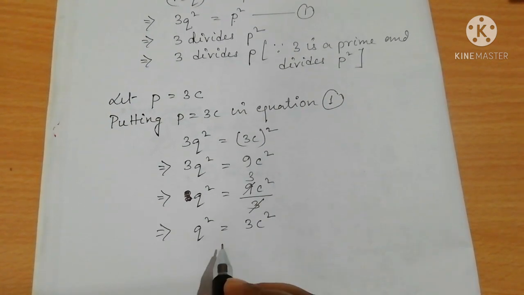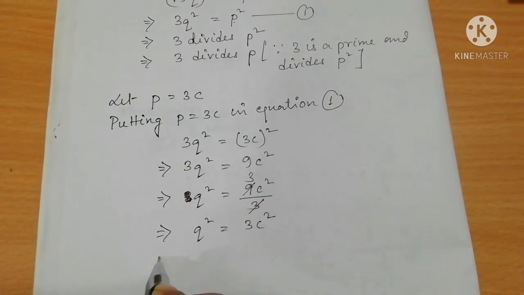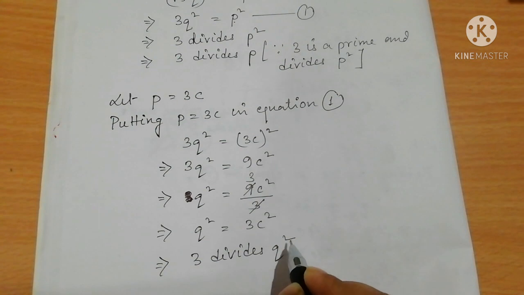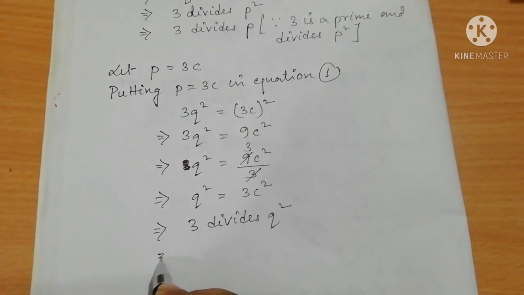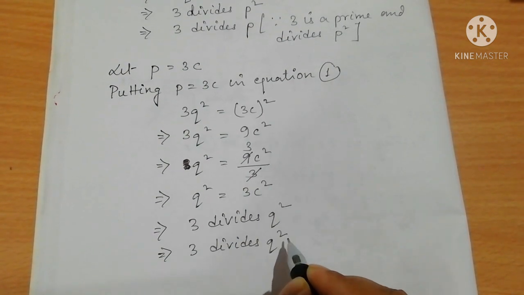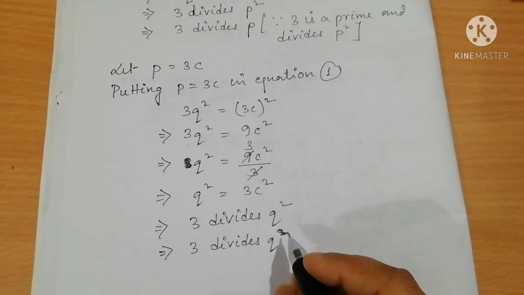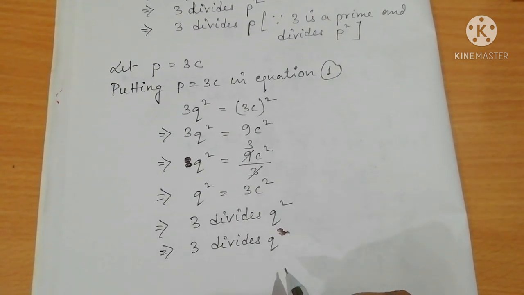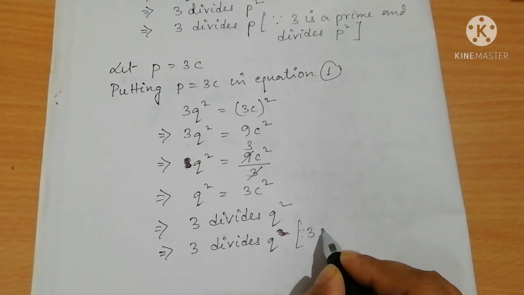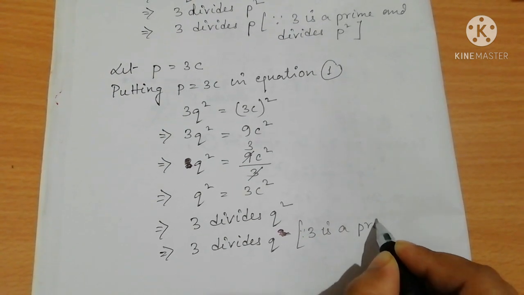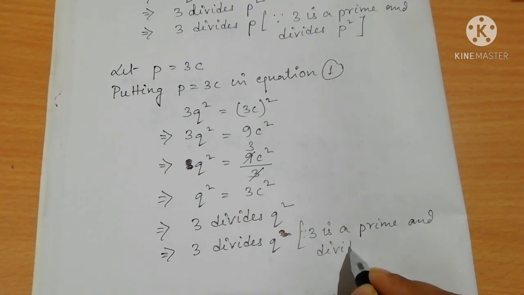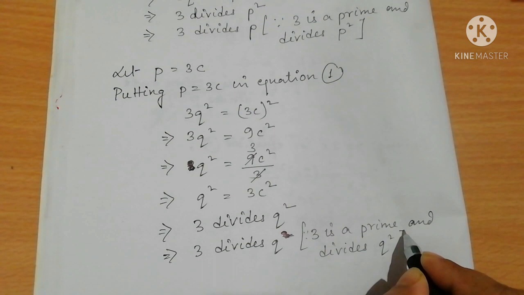So Q square equal to 3C square. So we can write that 3 divides Q square. If 3 divides Q square, it will also divide Q. That means 3 is a prime and divides Q square.